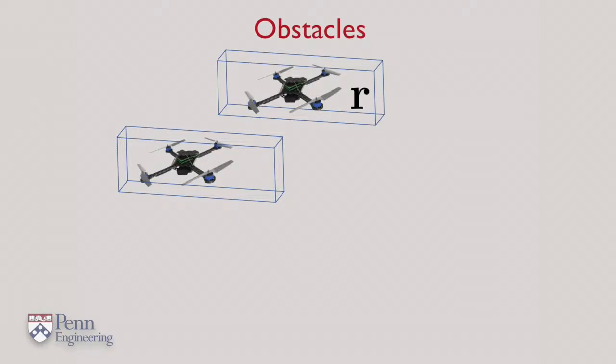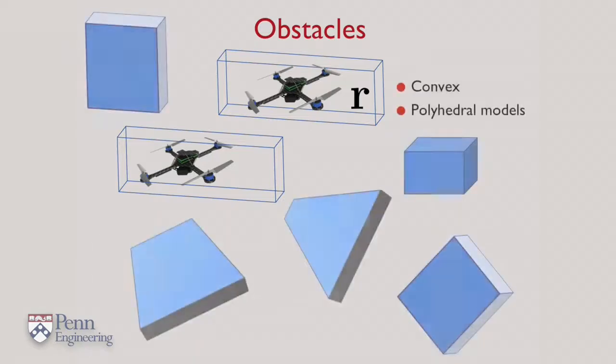We assume that these rectangular parallelepipeds are known, and we want to make sure that they don't intersect each other. In addition, there are many obstacles. We assume that every obstacle is convex, and there are polyhedral models that can characterize the extent of each obstacle. If the obstacles are non-convex, we can always describe them as a union of convex obstacles.